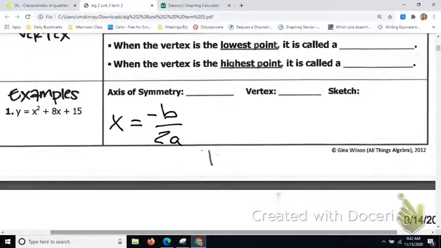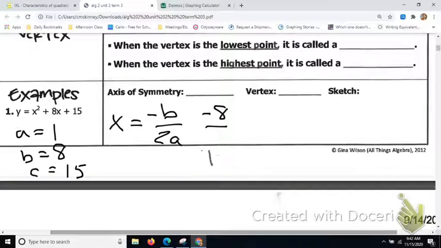So the opposite of b, in this case, a is 1, b is 8. C is 15, although we don't need that at this point. So this would be negative 8 over 2, which would be negative 4. So my axis of symmetry is x equals negative 4.